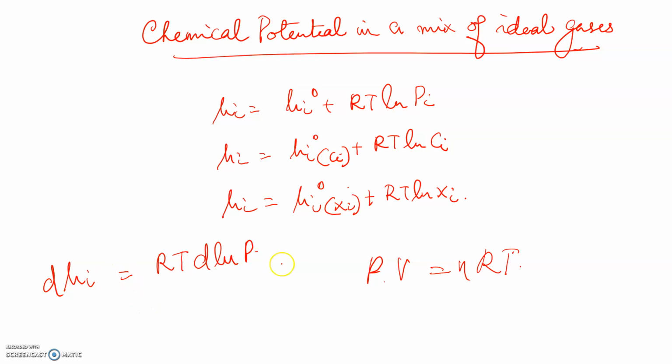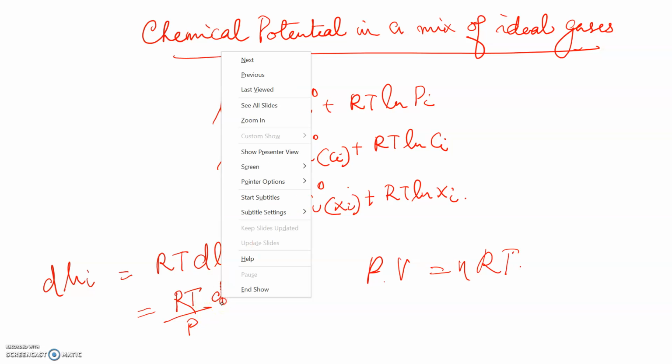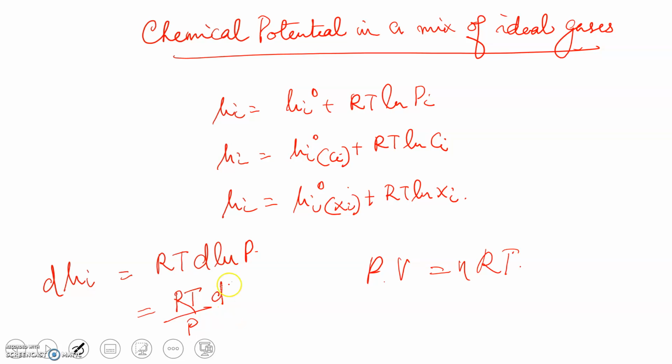Because we made this assumption by substituting for V as RT by P dP, and that's how we arrived at these three equations.